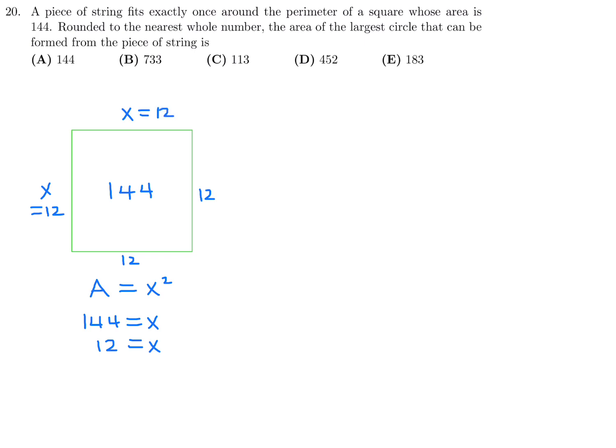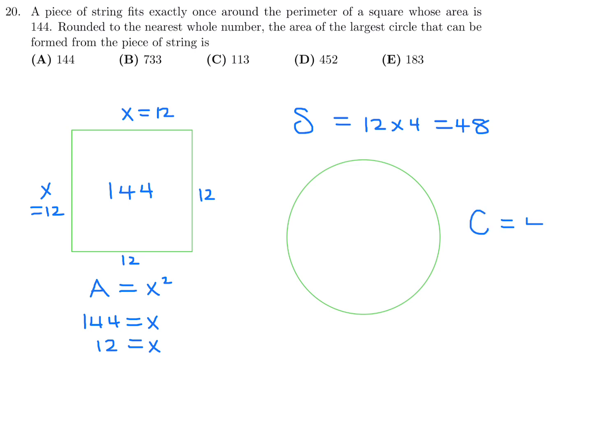Now they say that the string fits exactly once around. So the string is equivalent to the perimeter of the square, which is 12 times 4, which is 48. Then they say you have a circle that's formed from this string. So the circumference of this circle is 48, the same length as the string.